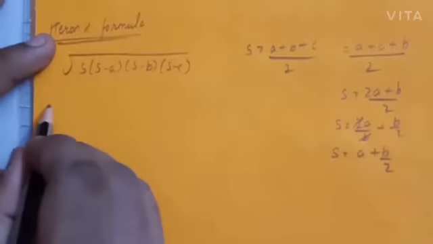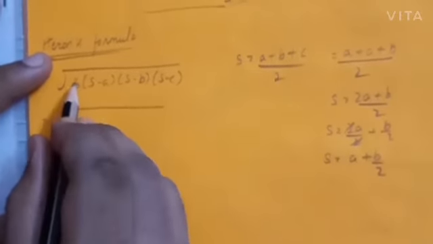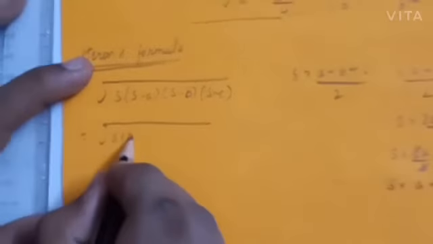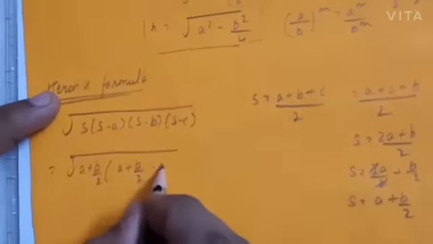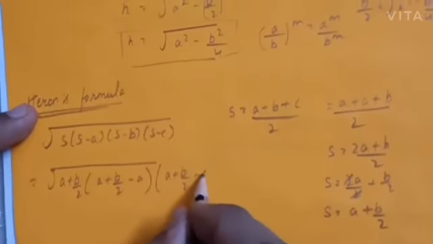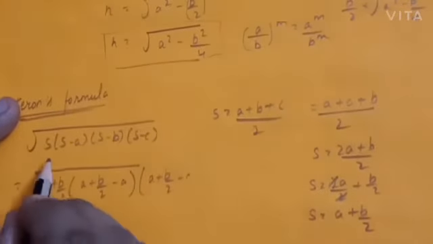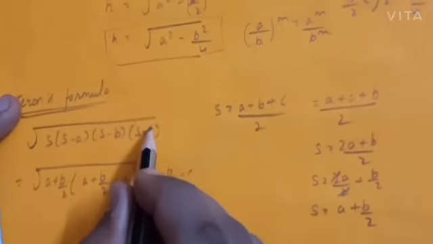So area is equal to root over. Let us substitute the s value here: root over (a plus b by 2) of (a plus b by 2 minus a) into (a plus b by 2 minus a). Before that, we know the sides a, b, c: two sides are the same and the third side we have named as b.